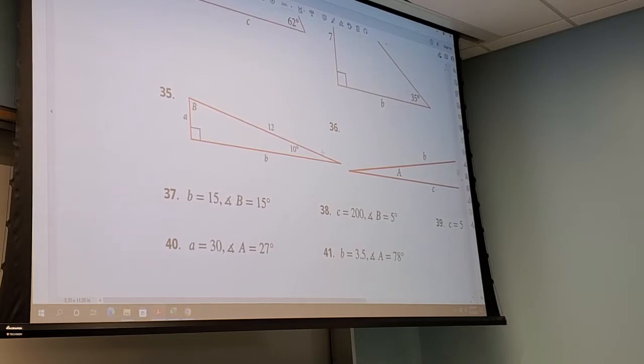Okay. My poor little triangles always look like they're melting. All right. 12. Ooh, look at you. A, B, 10 degrees. Okay.